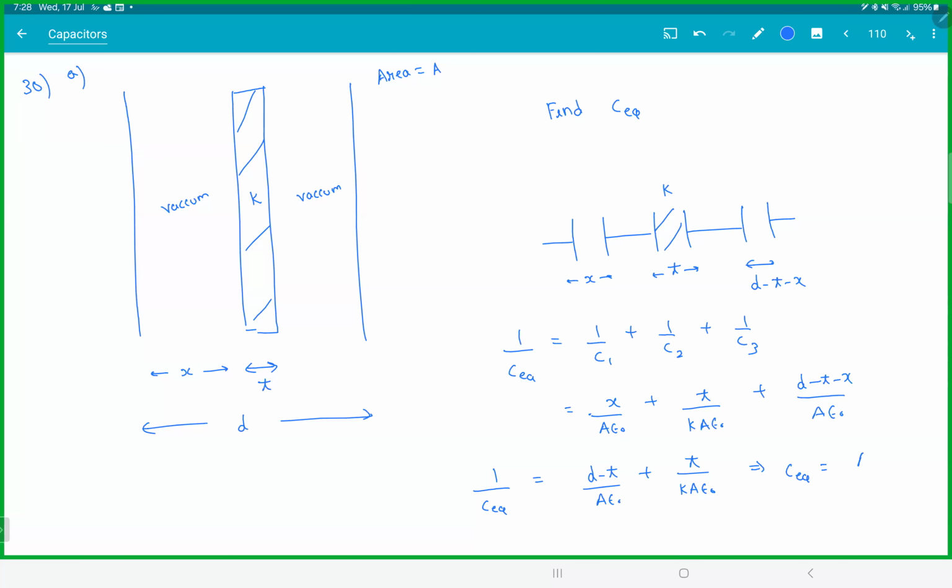So C equivalent would be A epsilon by D minus T plus T by K, something like this. Independent of X. The slab could be positioned anywhere, the answer won't change. Easy. All three will be in series.